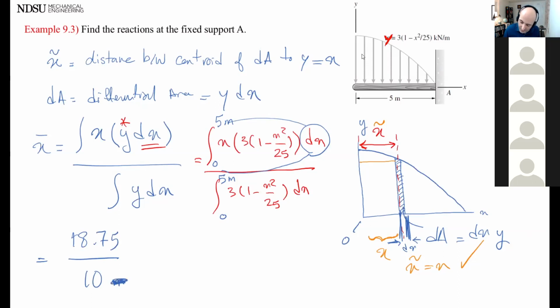Okay, I messed up on the units. This one is also area, so kilonewton over meters.